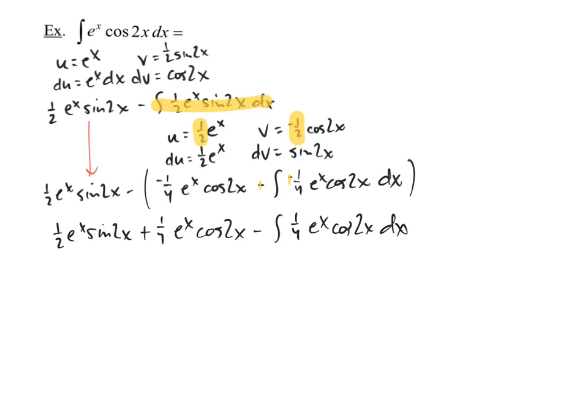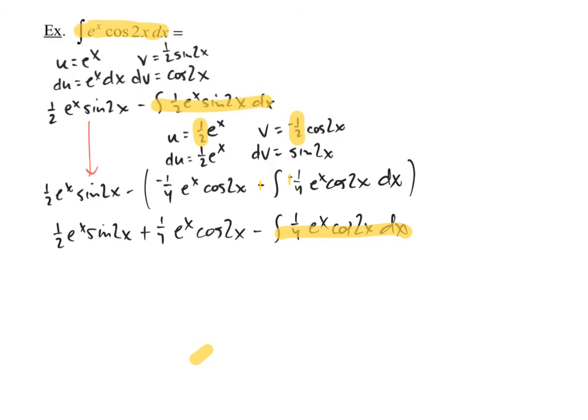And so now our focus is going to be on this integral right here. You might notice that it's again an exponential times a trig. So if you're thinking like I'm thinking right now, it looks like we're just kind of going in circles. But the good news, and this is the approach anytime that you have an exponential times a trig, is that that highlighted integral right there down at the bottom in yellow is the same as my original integral.